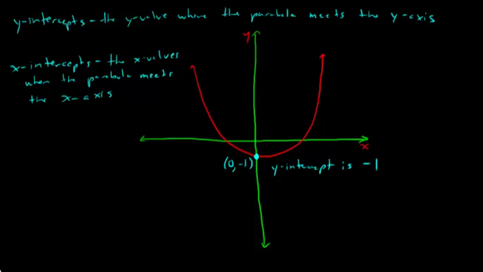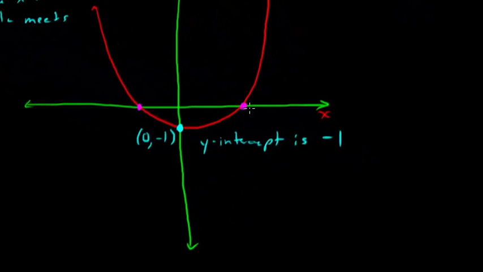Now, this particular parabola meets the x-axis in two places, here and here. So if this is point (3, 0), and this is point (-2, 0), then the x-intercepts equal -2 and 3. Simple enough.